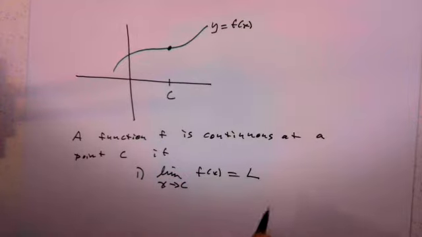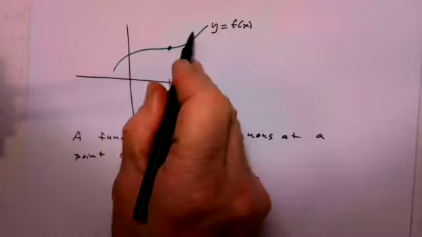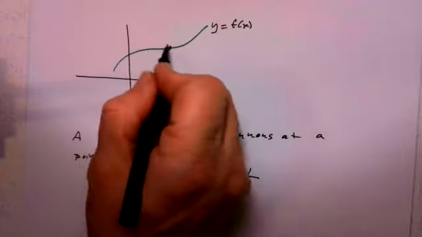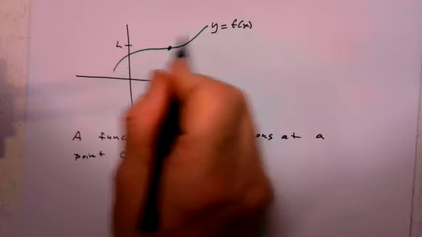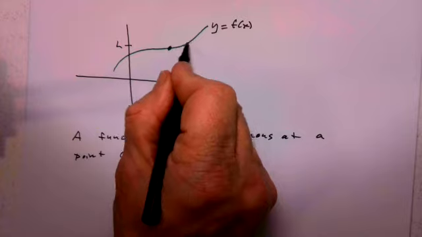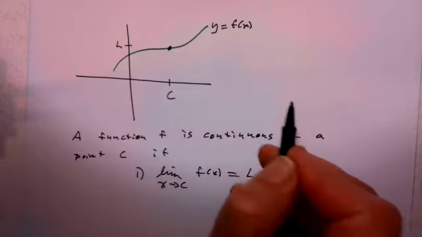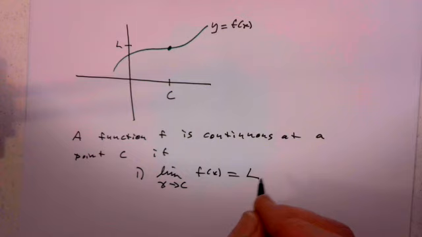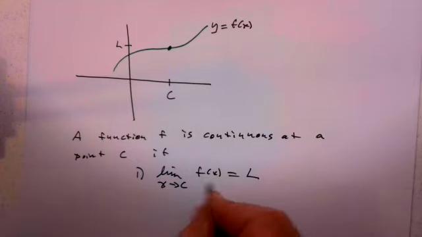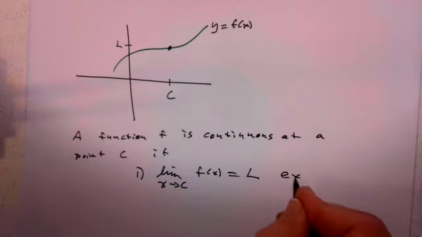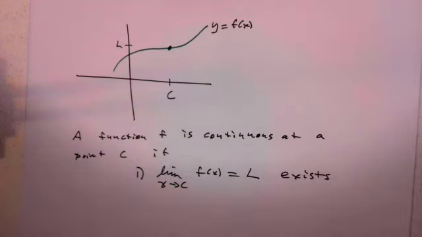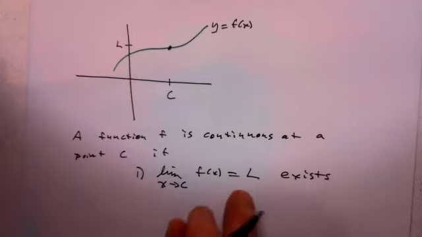We have to have a limit, which we have. It's approaching this number. I'll call it L for now, right? As I approach from the right-hand side, the y values get closer to L. As I approach it from the left, the y values get closer and closer to L. So we do indeed have a limit. The limit as x approaches C of f of x equals L exists. So we have to have a nice limit. It can't be infinite. It has to be a real number.